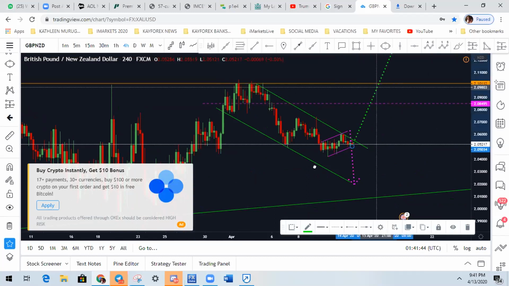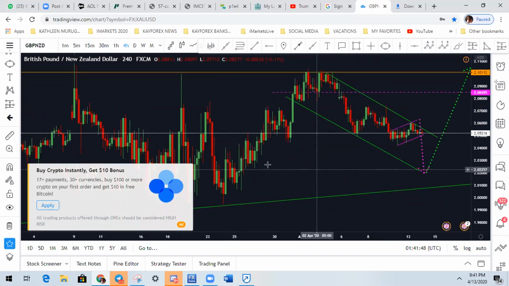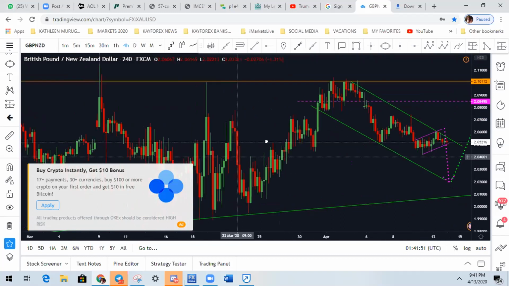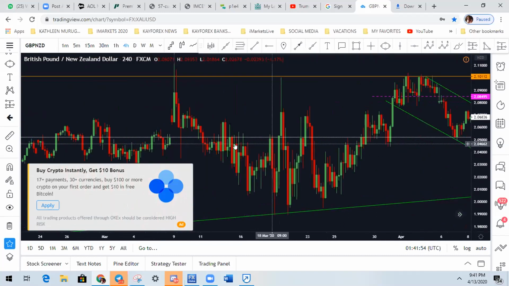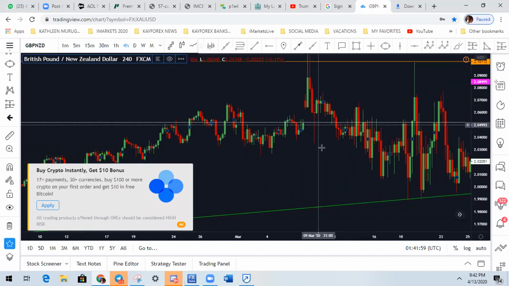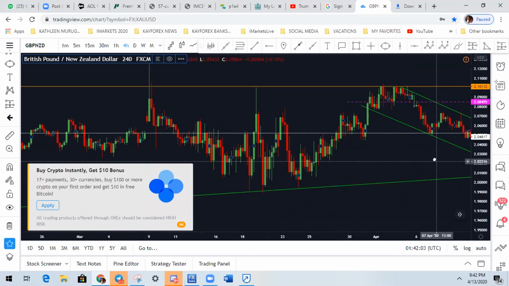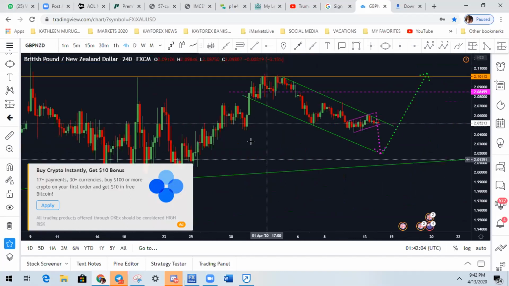So that's just an area to watch. And if we look at it again, you will see that it could also drop. It could go either way. So we'll just wait and see what price is going to do.